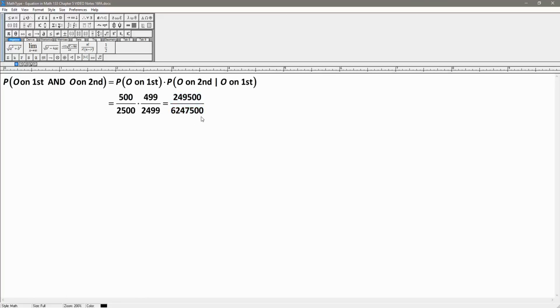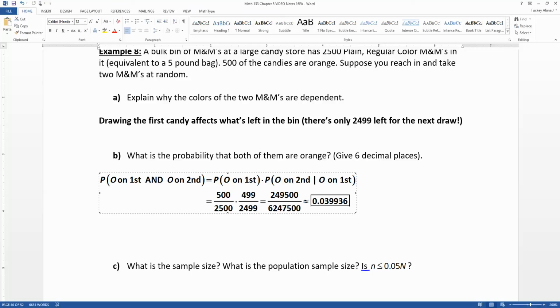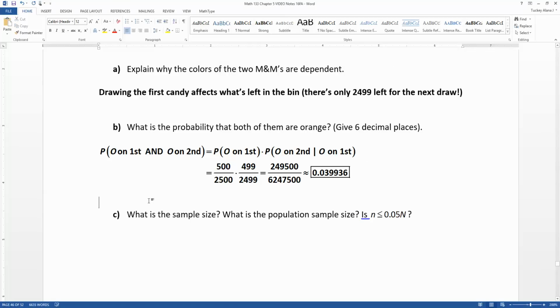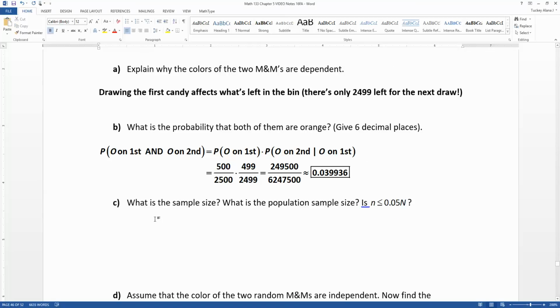So we are going to use a decimal instead. And it said to use 6 decimal places. So we're going to do that, 0.039936. All right, so that seems reasonable. It's a lot of decimal places, but okay.